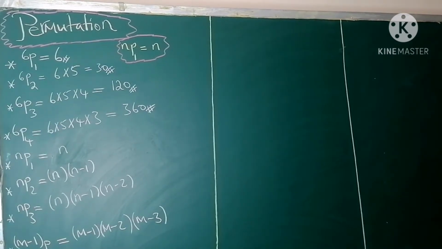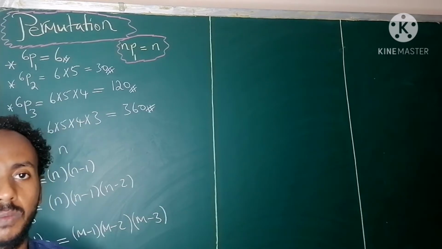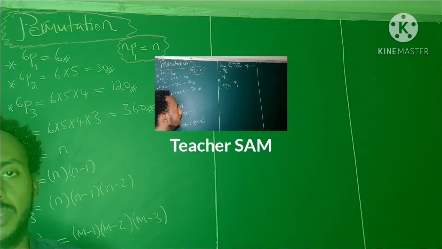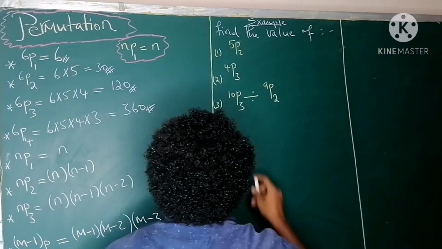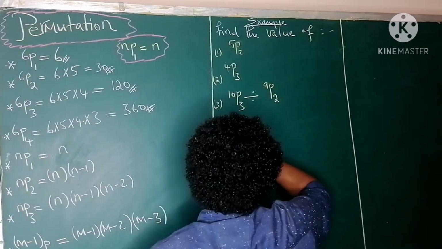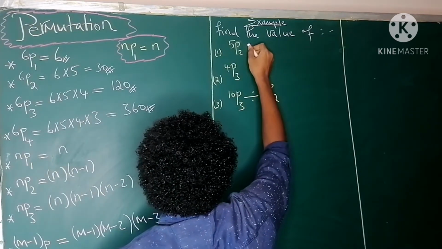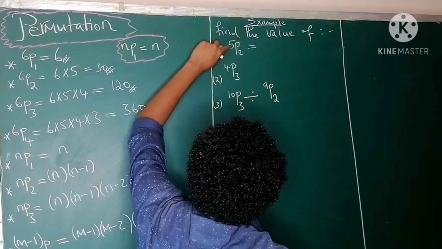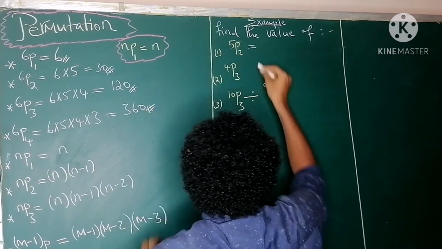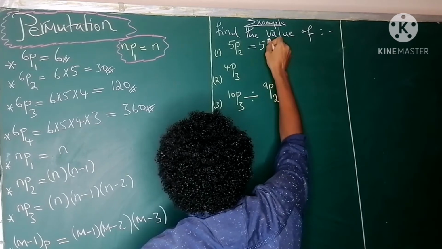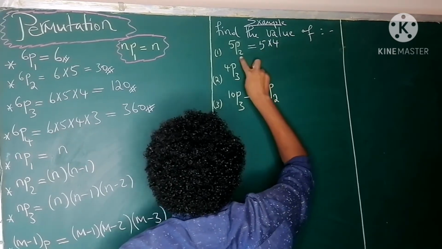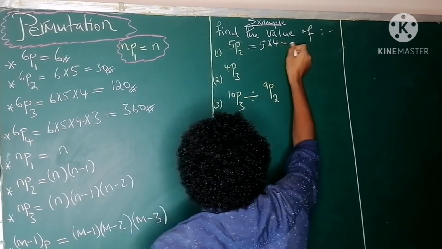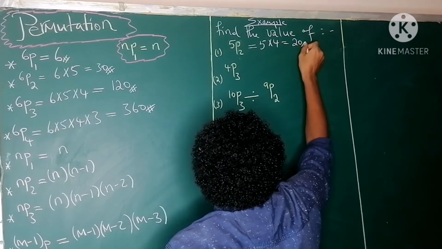Now let us see some examples which used to come in exams. Example 1: find the value of 5P2. We have to multiply 5 downwards. How many factors? 2 factors. So 5 times 4, only 2 factors. 5 times 4 is 20.